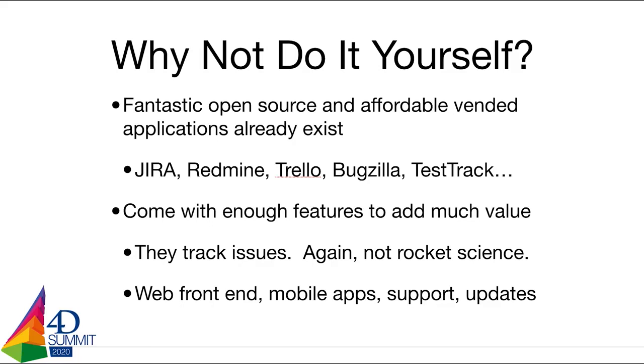There's Trello, Bugzilla, TestTrack, we used to use that at the museum, and hordes of other ones. There's a whole Wikipedia article called Comparison of Issue Tracking Systems. I encourage you to go check it out. There's just a ton of them out there. Believe it or not, they track issues. Again, not rocket science. You can do this yourself.